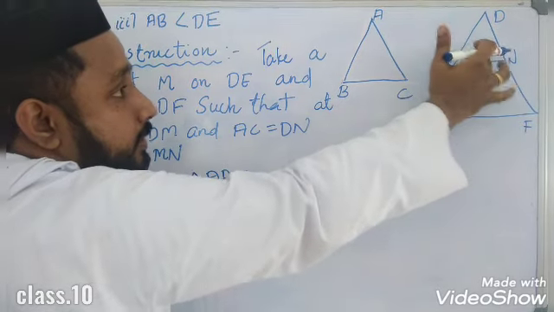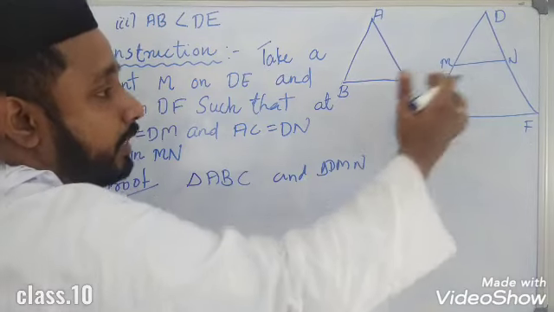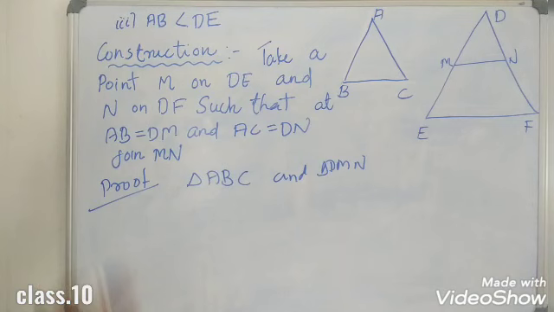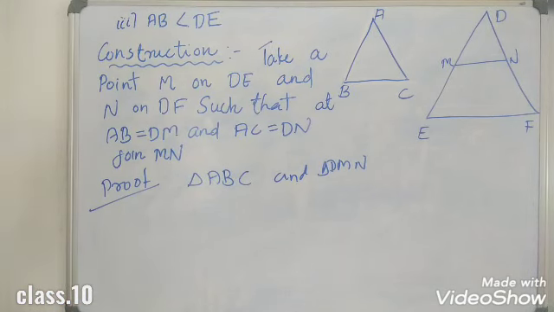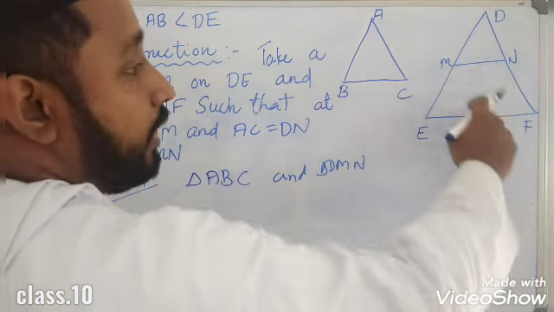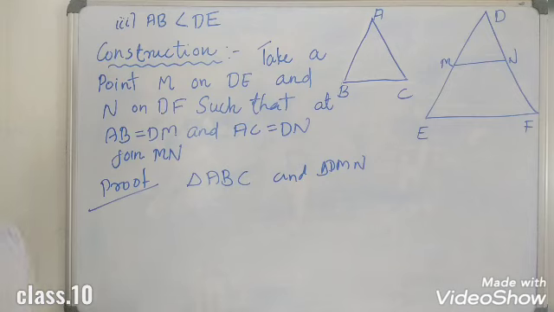Then we equate these two, and then we write the proportion. That's where the proof is going. Taking ABC and DMN, we prove that these two triangles are congruent. Then taking CPCT, we equate the angles. Then we prove that these two lines are parallel. Then applying the basic proportionality theorem, we will get the proof.